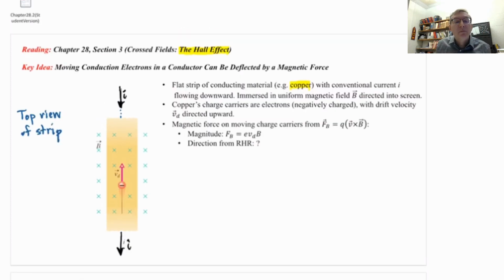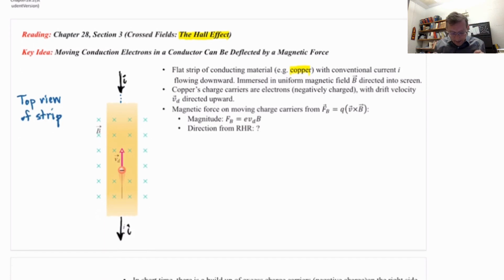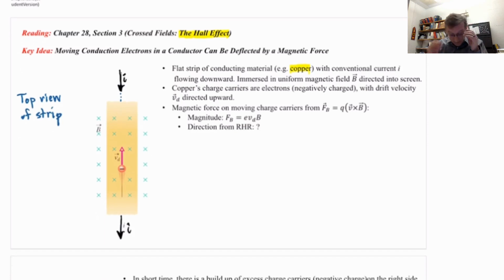Kind of top to bottom, although I'm looking down from above like on a horizontal surface. So there's conventional current flowing, quote unquote, downward in the plane of the screen.